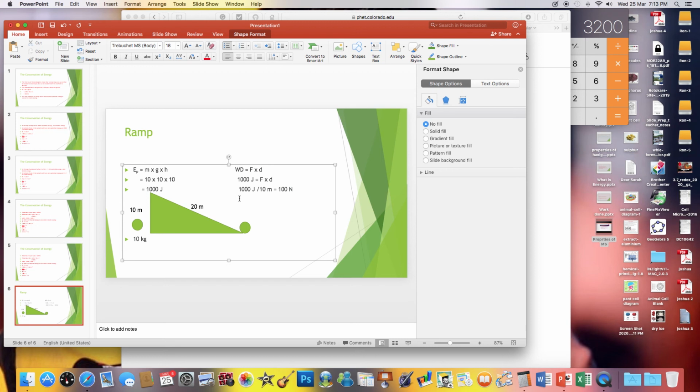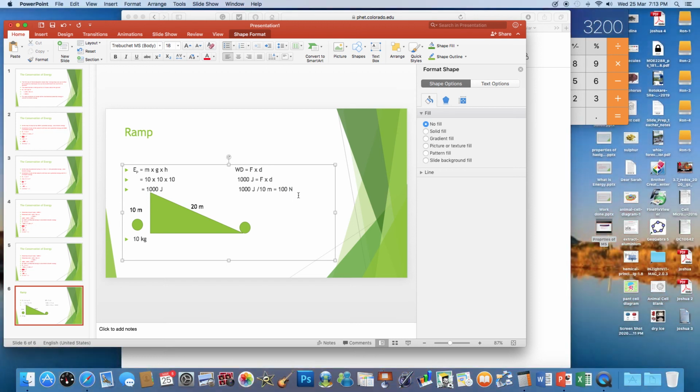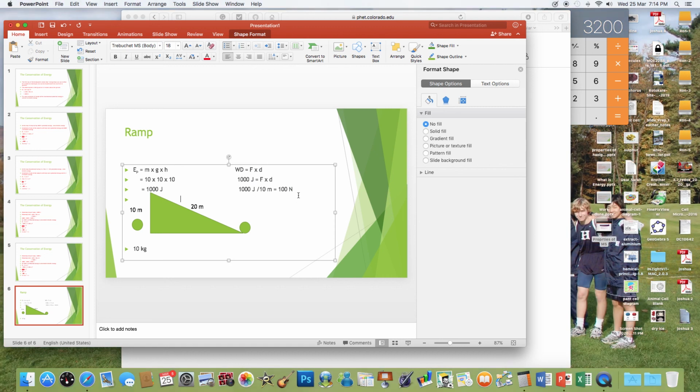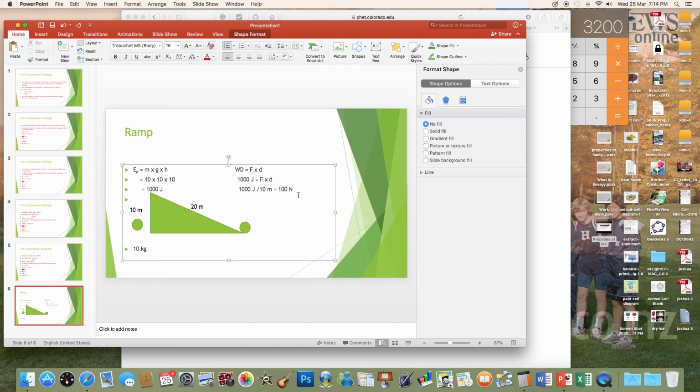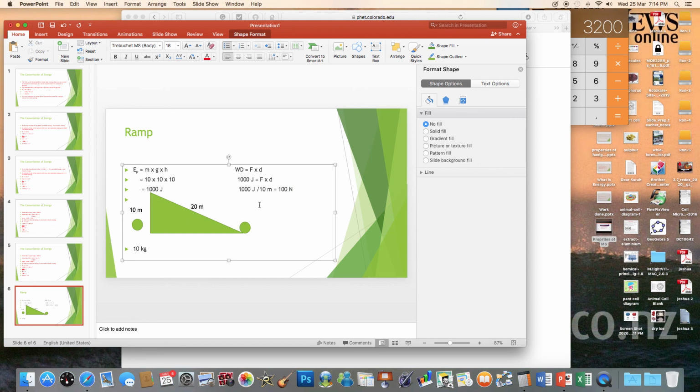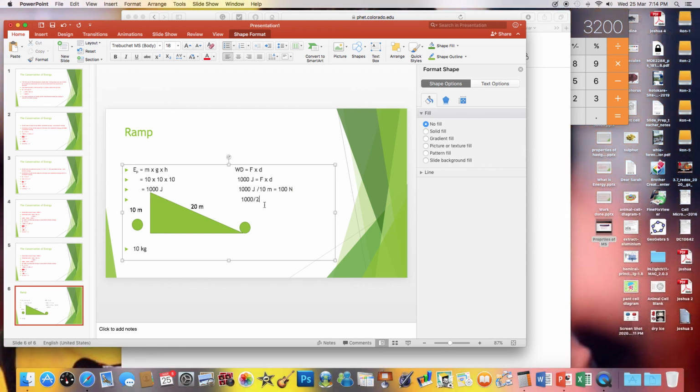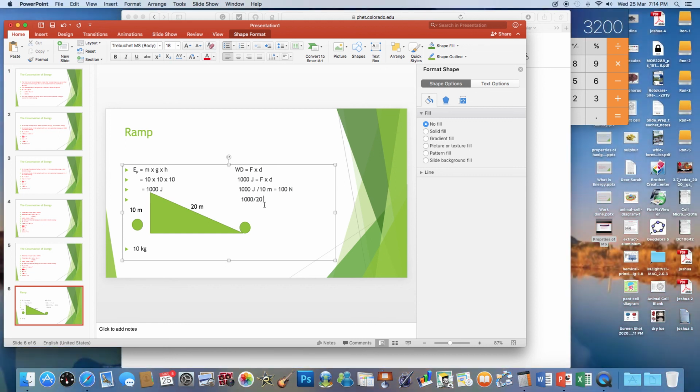But the work done the other way is simply going to be 1,000 divided by 20, because the distance he has to push it up the slope is 20. So 1,000 divided by 20 equals 50 newtons.